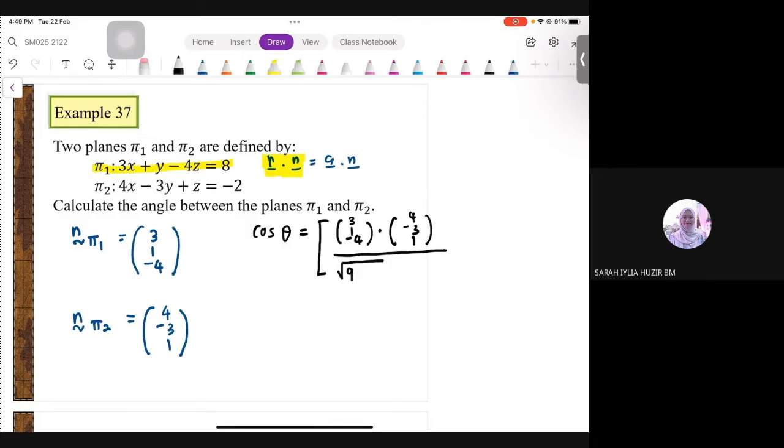So we have the square root of 9 plus 1 plus 16, and for the second vector, the magnitude would be the square root of 16 plus 9 plus 1. Then compute this using your calculator. Our theta in this case should be 78.91. So that's all for finding the angle between two planes.